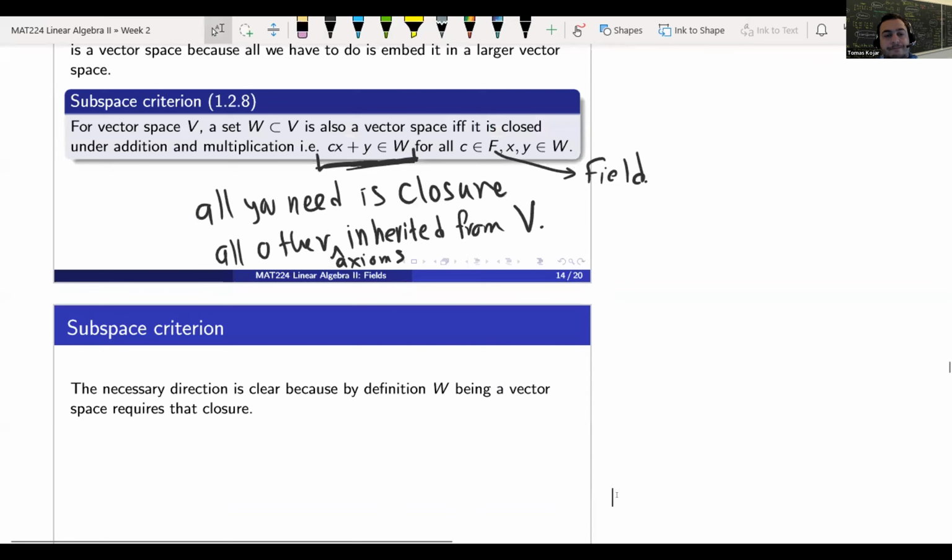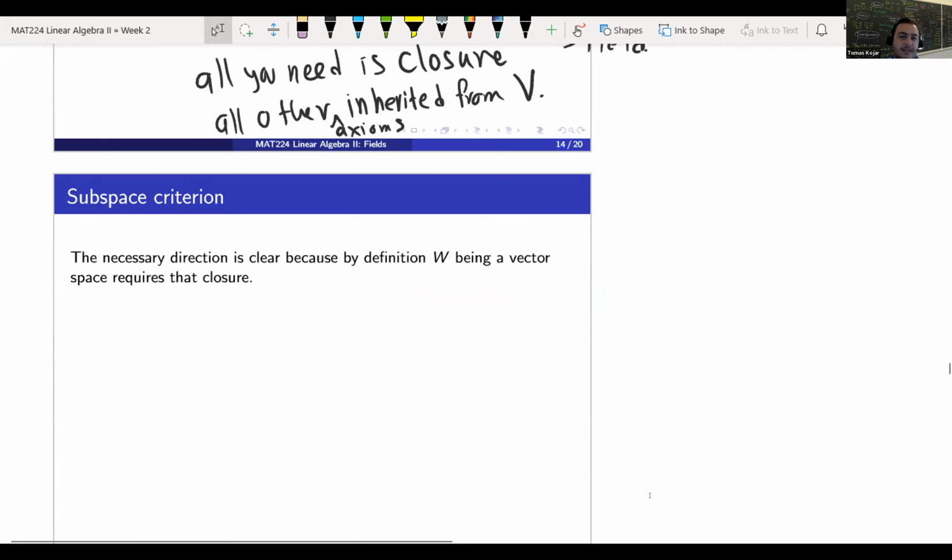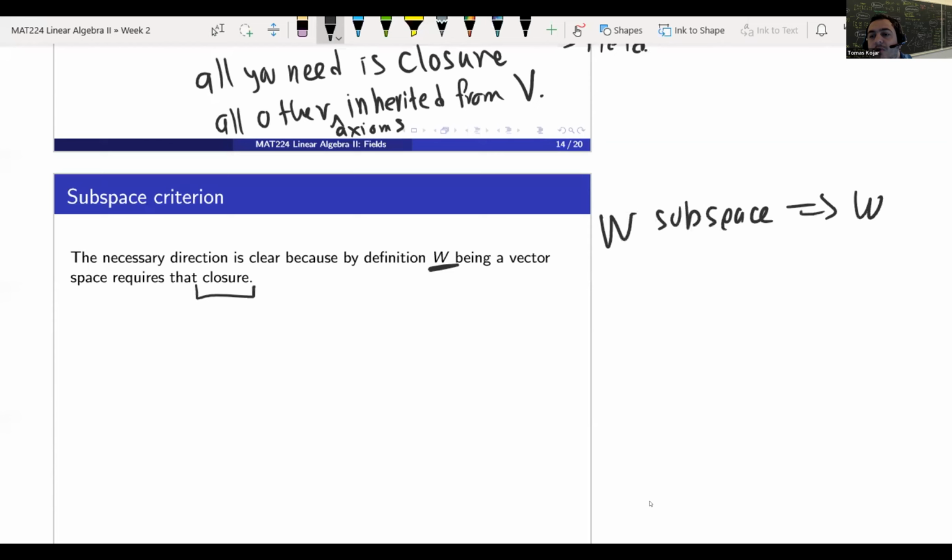Right, so let's prove that. This is Theorem 1.28 in your book. Let's go through the proof. One direction is easy. If you know that W is a vector space, then one of the axioms was closure. So going from W subspace to W closure is easy.